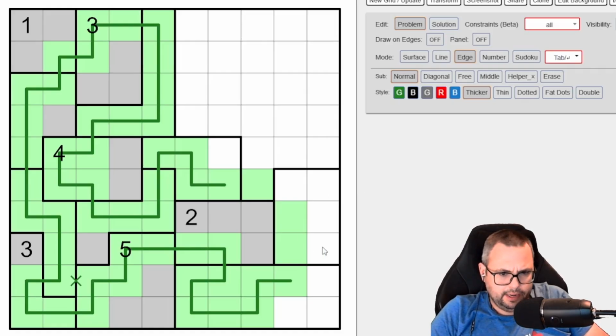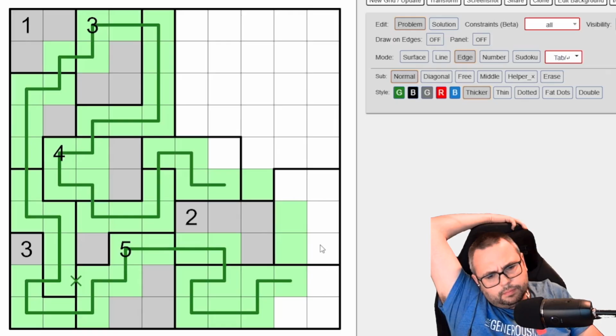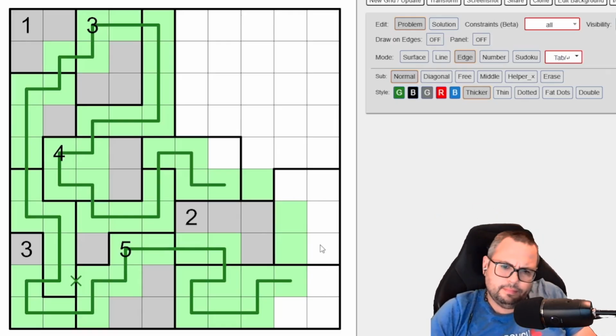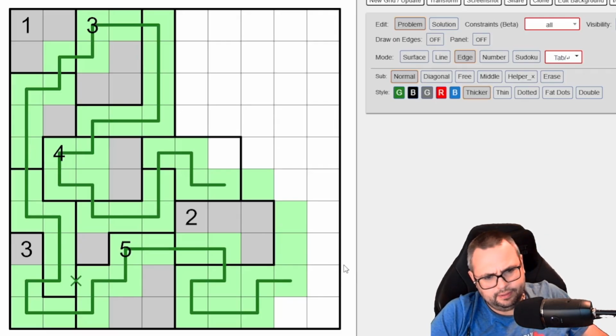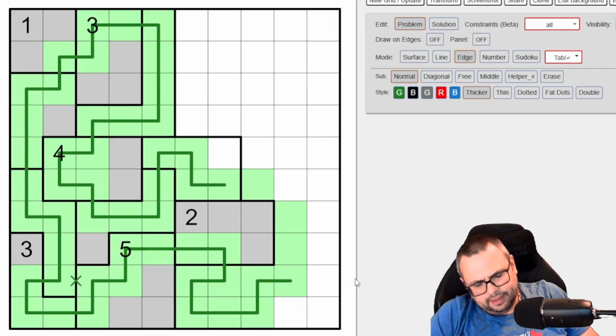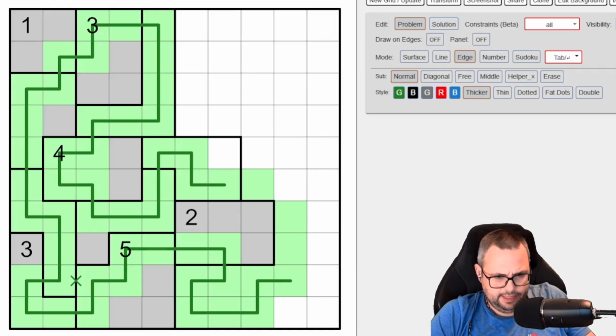But the thing I want to get at is this cell has to be visited if I draw it this way. Because if this cell's unvisited, certainly this cell's also unvisited. I don't know. I like that deduction, but I think I worry about what it is going to do to this country's ethos.